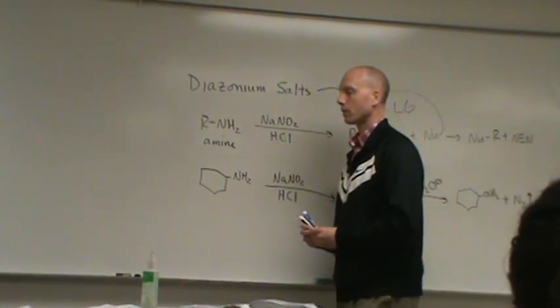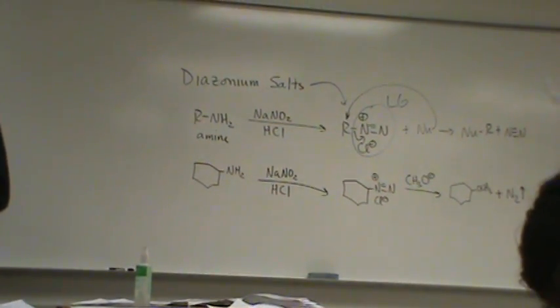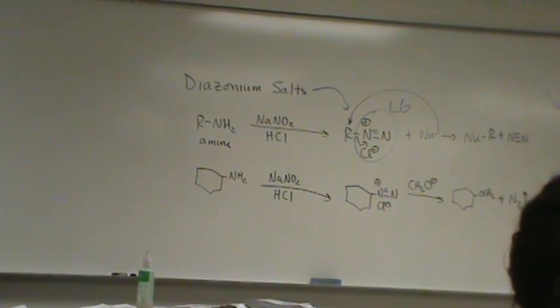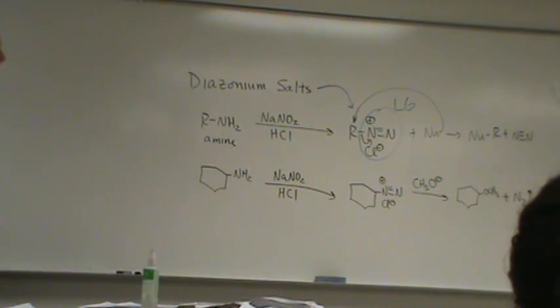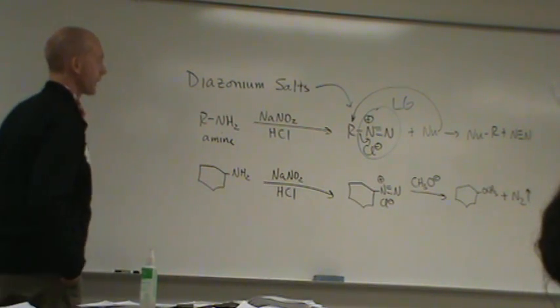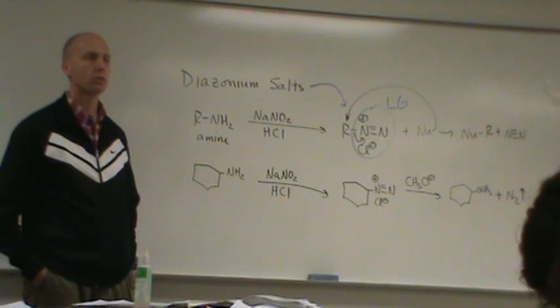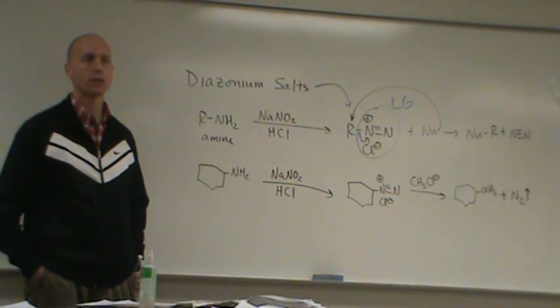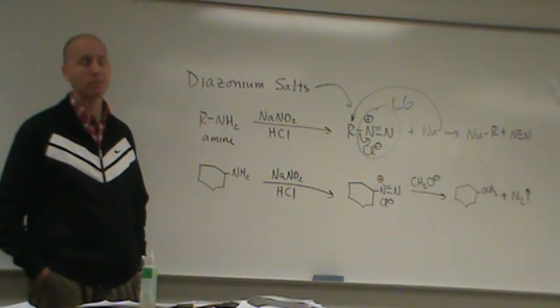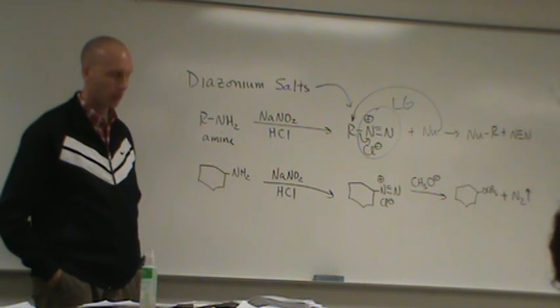And give off nitrogen gas. Okay, so it gives us a way to do very easy substitution reactions. Any questions on that? So see how the Hofmann and diazonium salts kind of have similar properties?